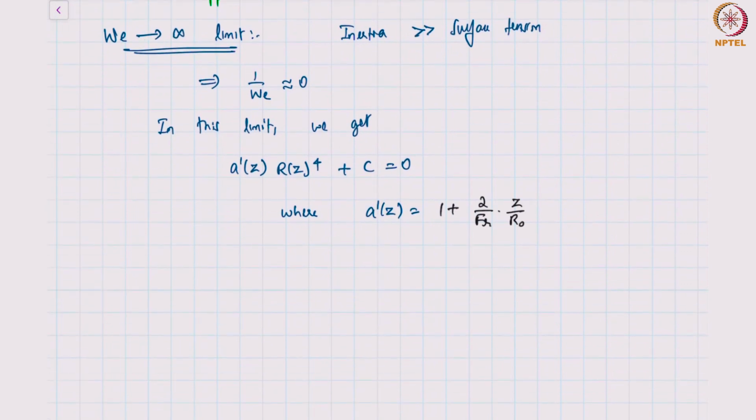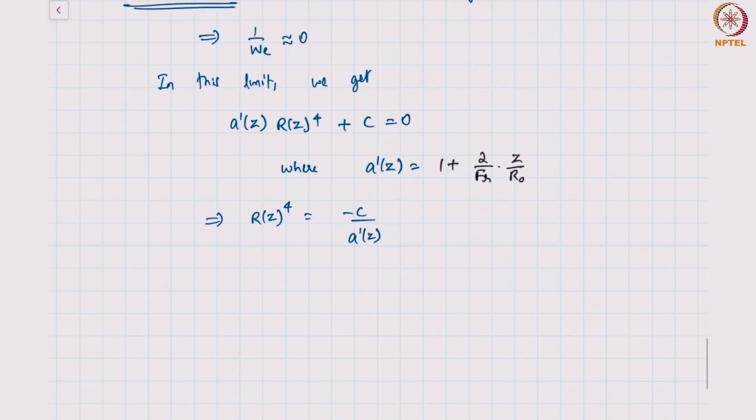And therefore I have R of Z power 4 is minus C by A prime of Z, and R of Z is minus C by A prime power 1 by 4.